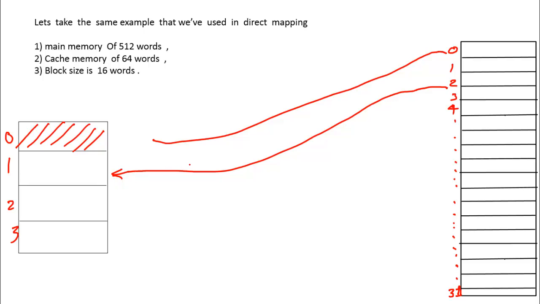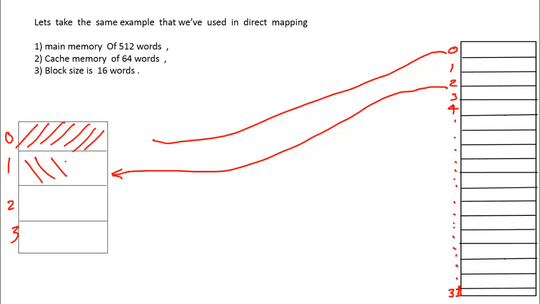I could insert the second block into the second block or the third block of cache memory, wherever I want. But to make this scenario very simple, let's assume that we are inserting the second block of main memory into the first block of cache memory.